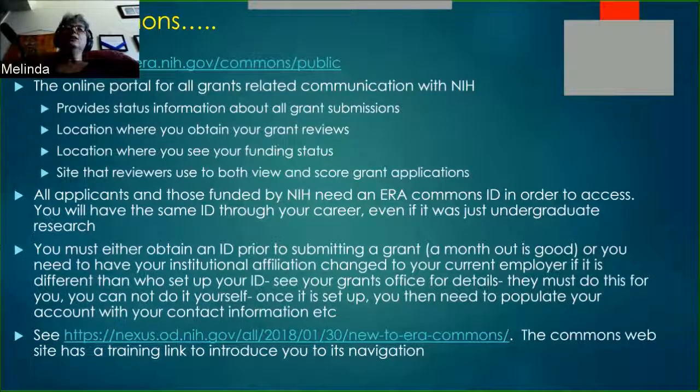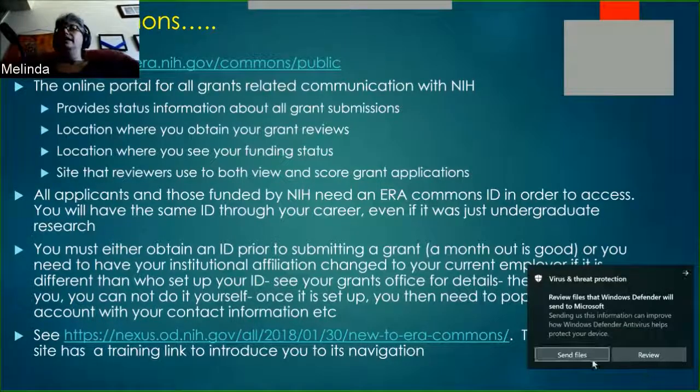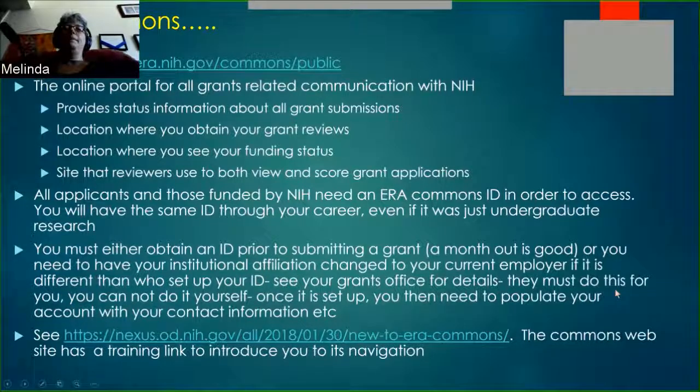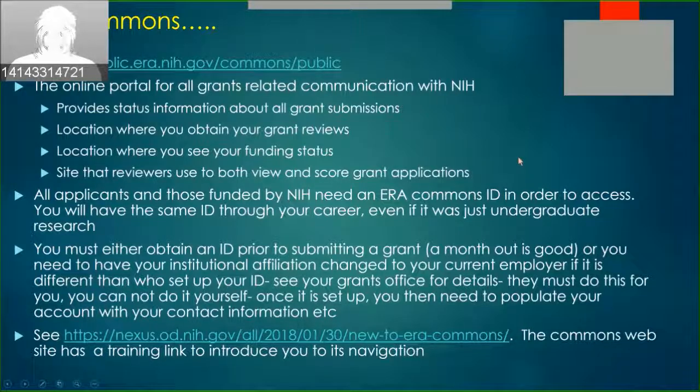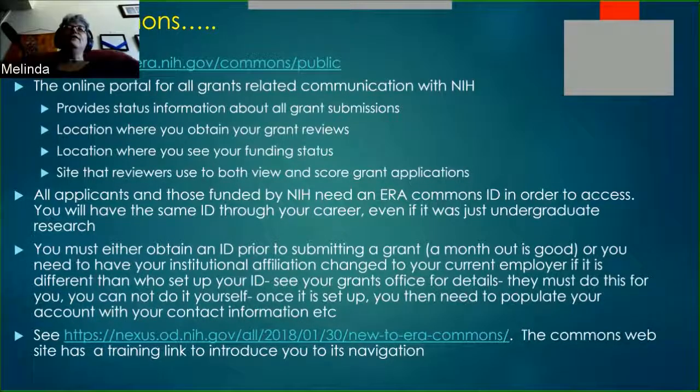Now, in the old days, the first time somebody would get an ERA Commons ID is if they were going to be submitting a grant. More and more people, though, may already have an ERA Commons ID by the stage of being a new investigator, because even if you do not have a grant, you have to have an ERA Commons ID if you receive salary support through an NIH mechanism.